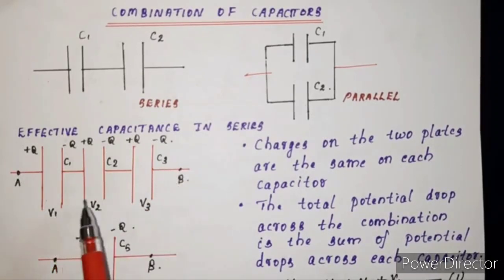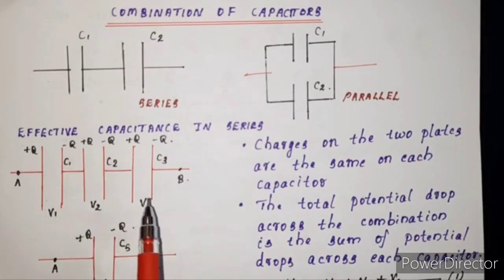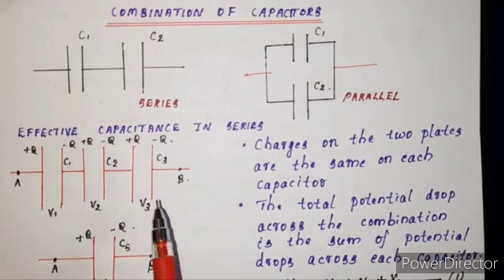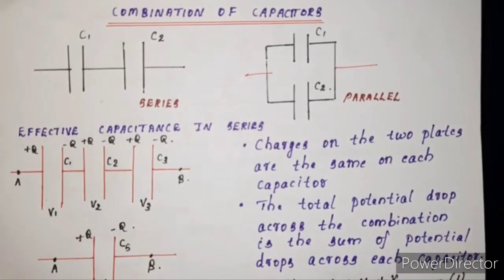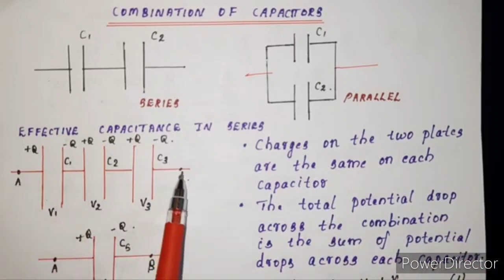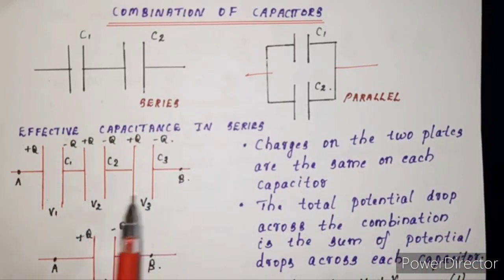It will be the sum of potential differences V1, V2 and V3. That means the total potential drop across the combination is the sum of potential drops across each capacitor. So these two points are very important with regard to series combination.